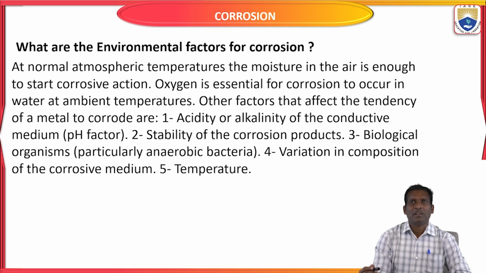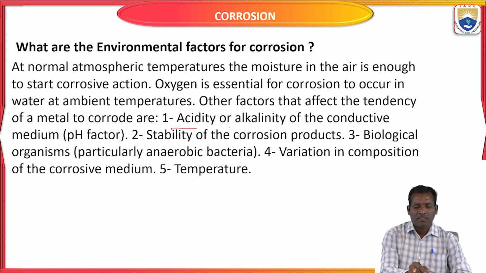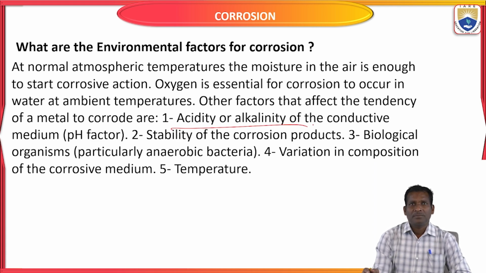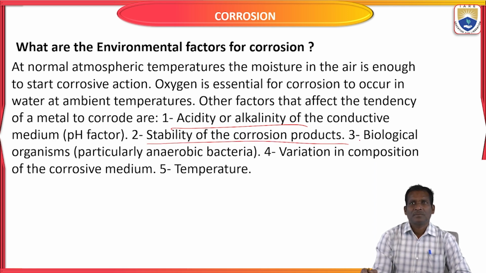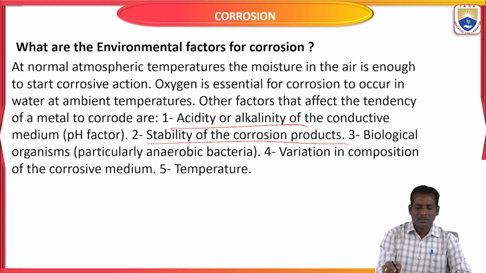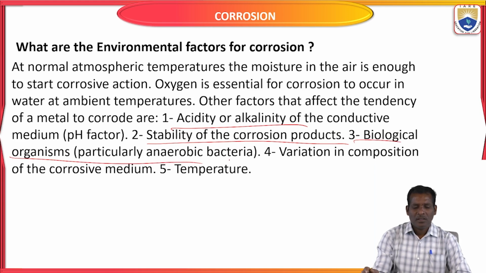So, what are the environmental factors for corrosion? Oxygen is essential for corrosion to occur in water at ambient temperatures. Other factors are acidity or alkalinity and stability of the corrosion products, biological organisms, and variation in composition of the corrosion medium and temperature.